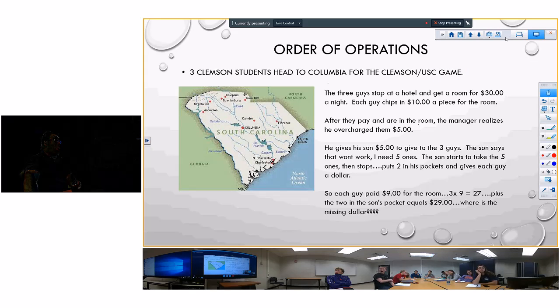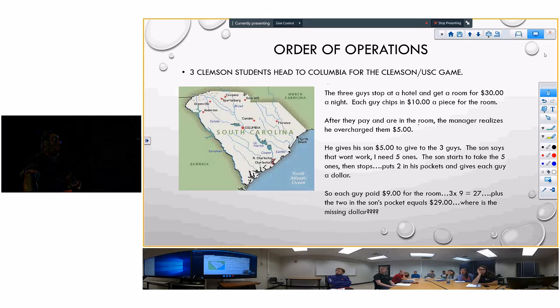You ever heard of 3 guys going to a football game? 3 guys stop at a hotel and get a room for $30 a night. Each guy chips in $10 for a piece of the room. After they pay, the manager realizes he overcharged them $5.